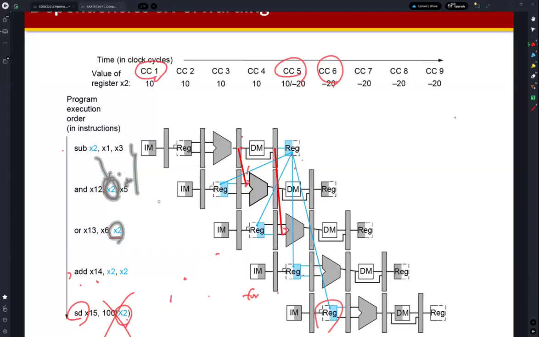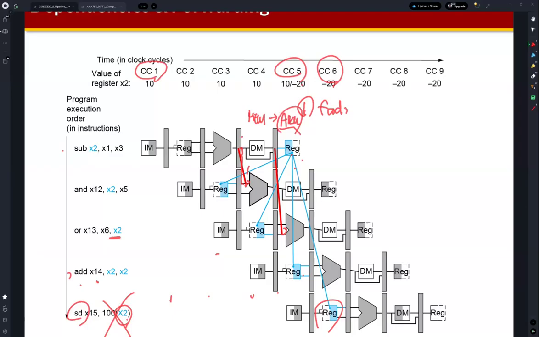So what are they? So first forwarding. The first forwarding is the forwarding from memory to ALU, right?